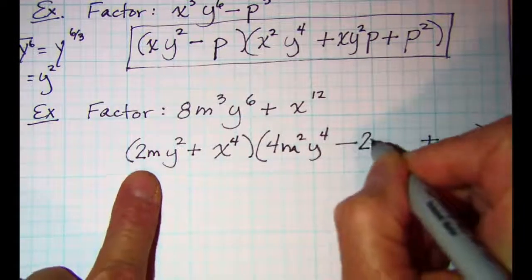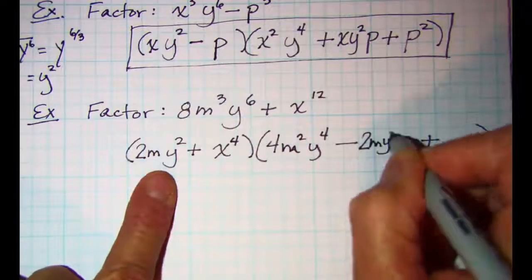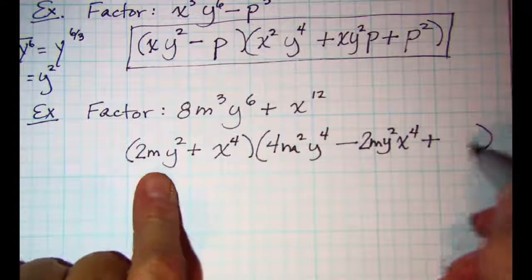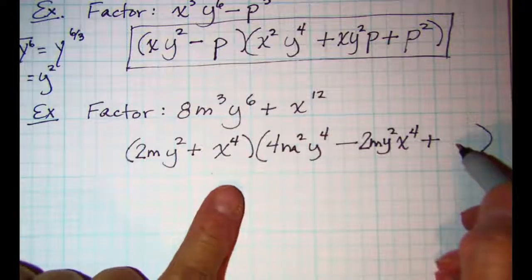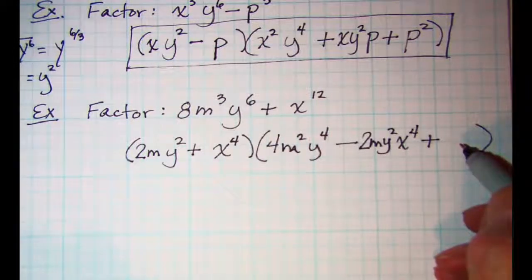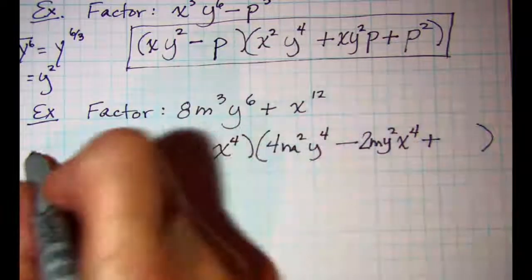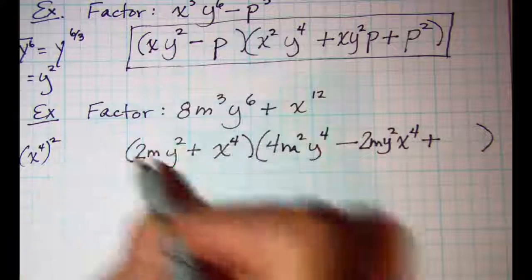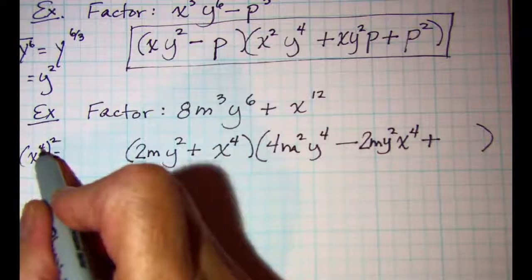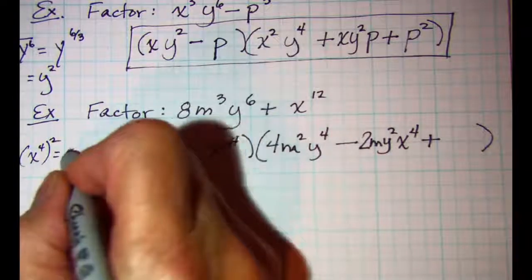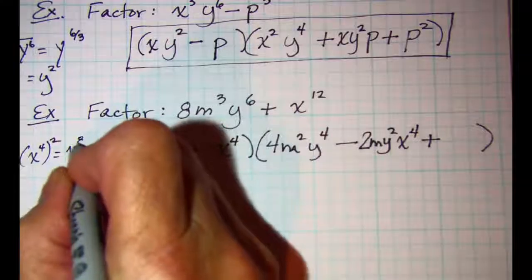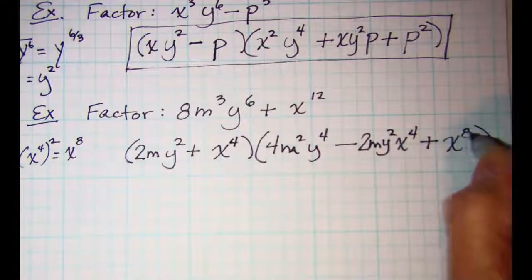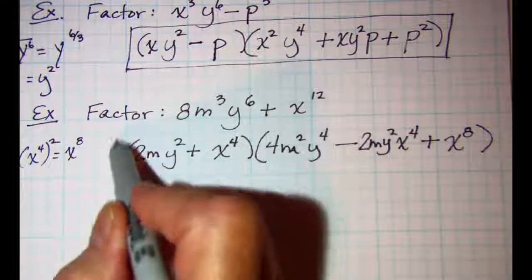So 2my squared x to the 4th. And then for this last term, I'm going to square x to the 4th. X to the 4th squared is multiply exponents. So this is x to the 8th. So this is my factored form.